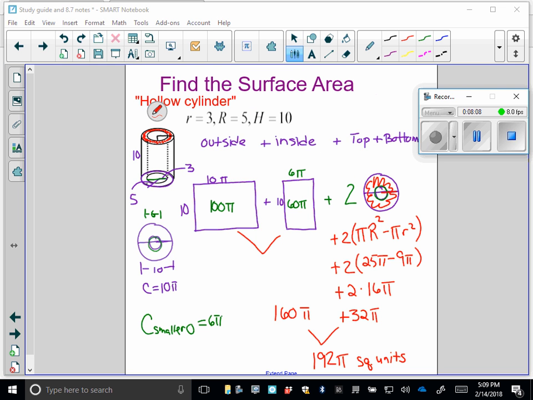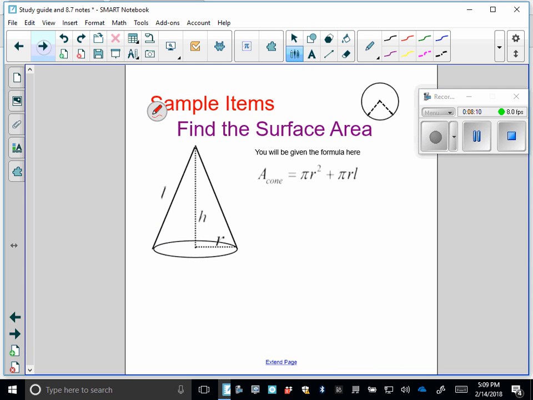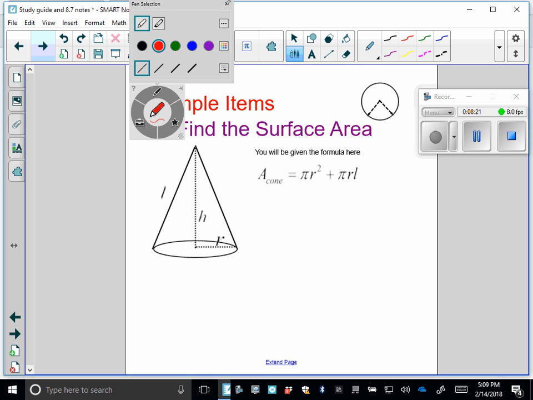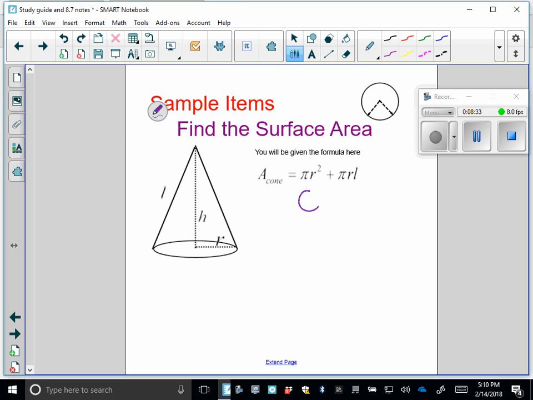The last problem is just finding surface area of a cone. For right now, we're going to be using a cone formula, and then we'll talk about deriving that formula after we complete this unit as an exploration activity. So to find the area of a cone, you take the circle, which is pi r squared, and you add the area of the sector.